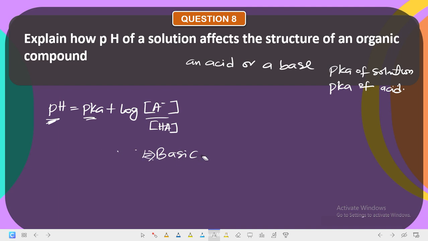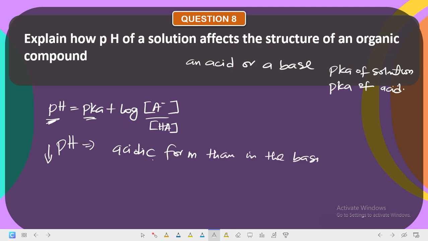But if the pH is less than the pKa, what does that mean? It means that the compound will exist more in the acidic form than in the basic form.